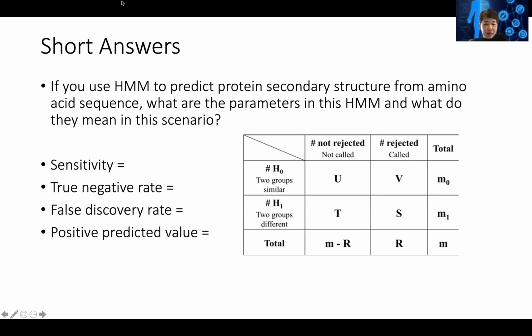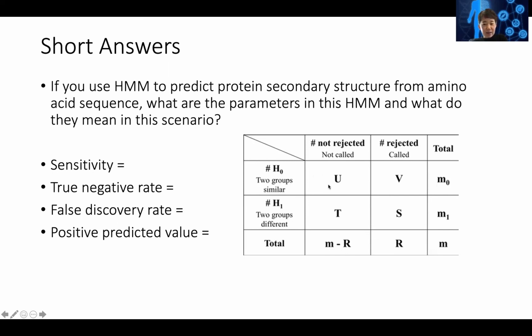So the next question is, if we have this table in here comparing two groups, and we're doing hypothesis testing, right? And so what is the sensitivity? Can you write your answers directly into the chat window?